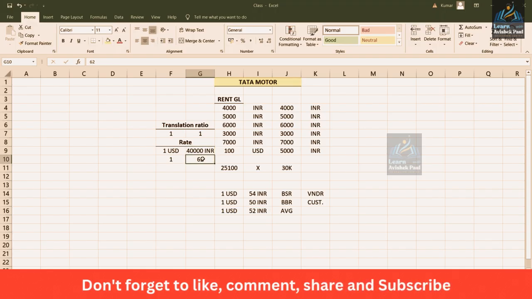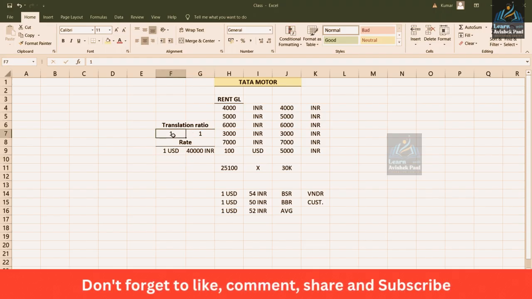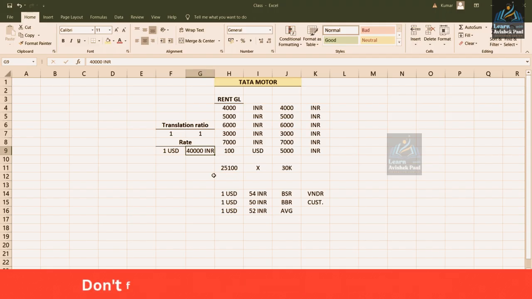If that is the rate, then what is happening, guys? It means, and if you have specified translation ratio 1:1, and here 1 USD equals 40,000 Indian currency, because of inflation and the currency value. Let's suppose it came down.